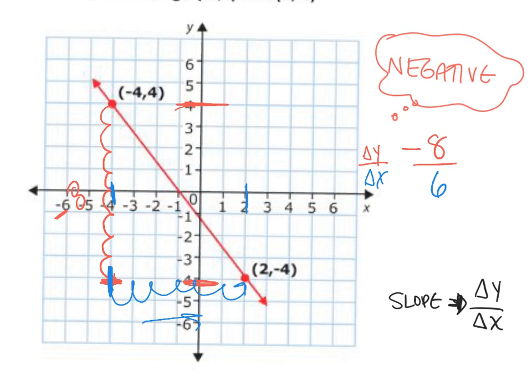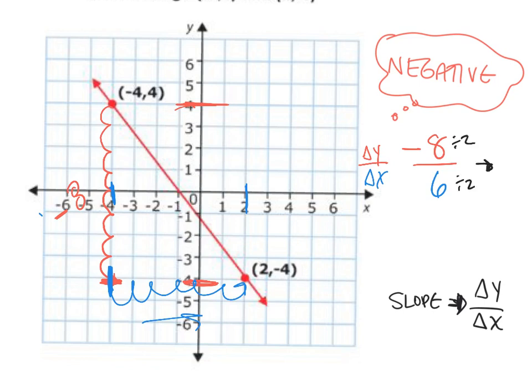And what must I always do with fractions? Simplify them. We leave them as a fraction so you could see the numerator and you could see the denominator, so you could see what the change of y is and what the change of x is. But you simplify the fraction. What am I going to divide 8 and 6 by? 2. Nice.